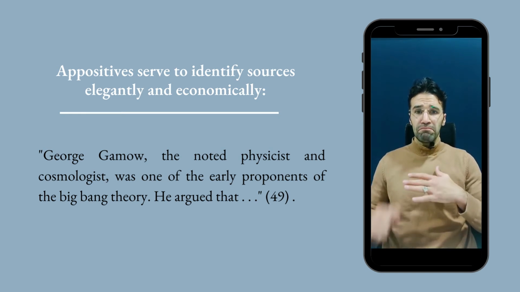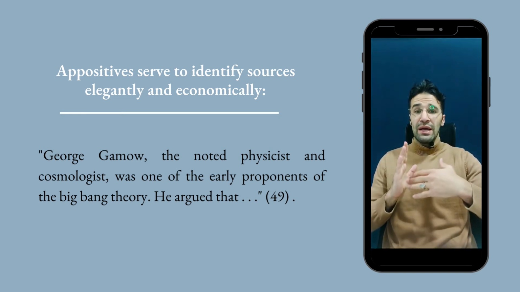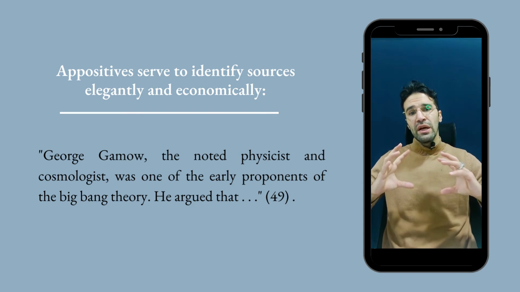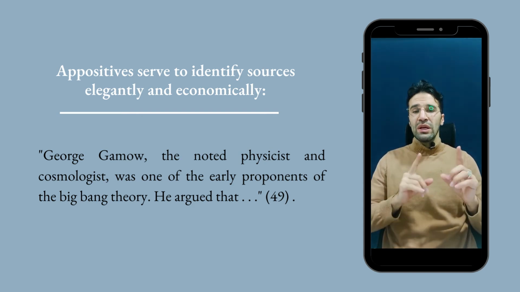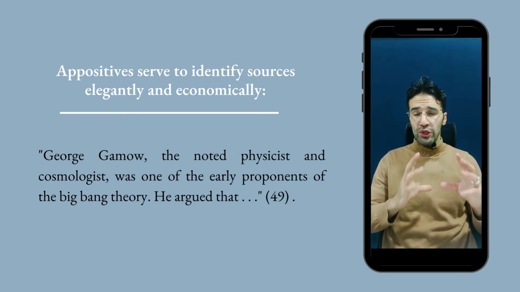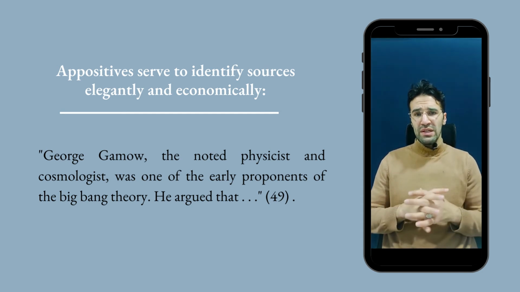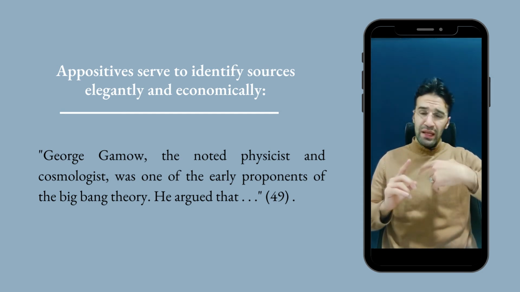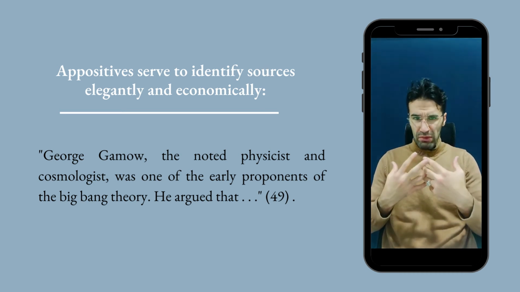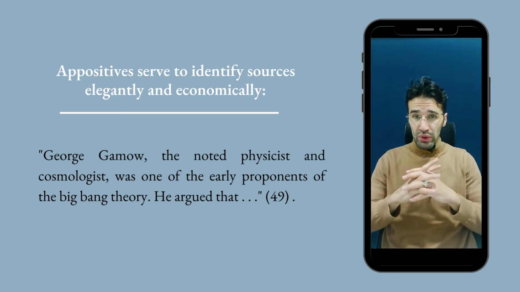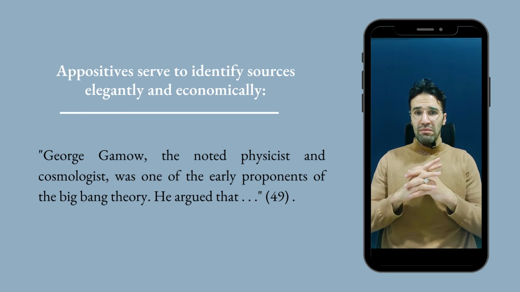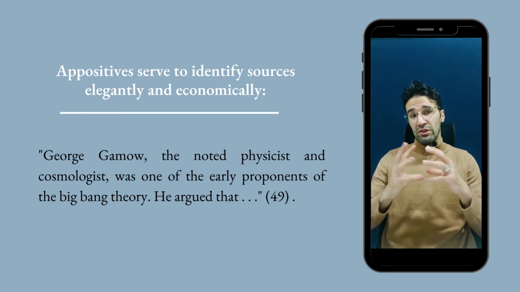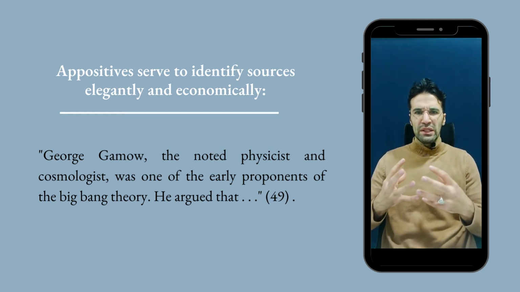But instead of bringing another and separate sentence, you can combine 2 sentences. You can use an appositive and very shortly tell us who that person is. Or if you're introducing a book, instead of having another sentence giving some information about that book, you can put them together and make the 2 sentences work together and make it shorter and more elegant.